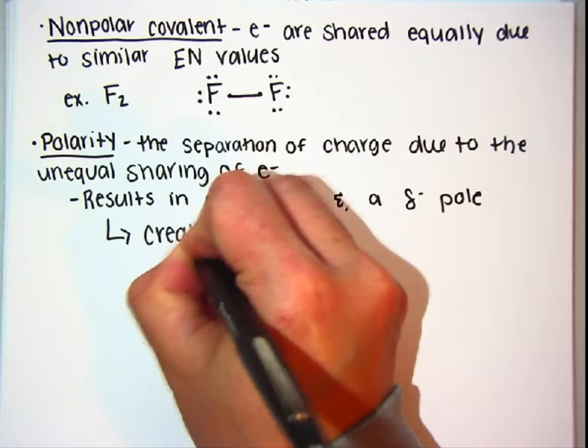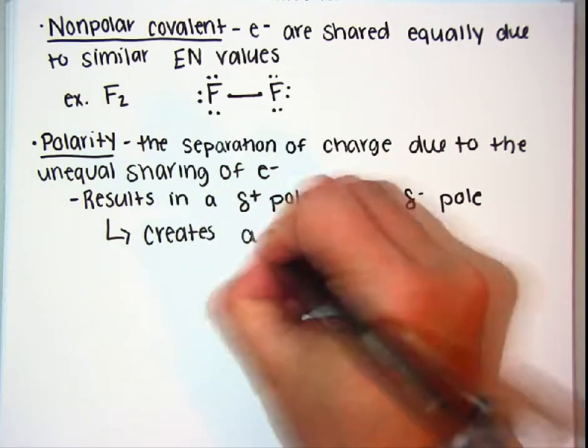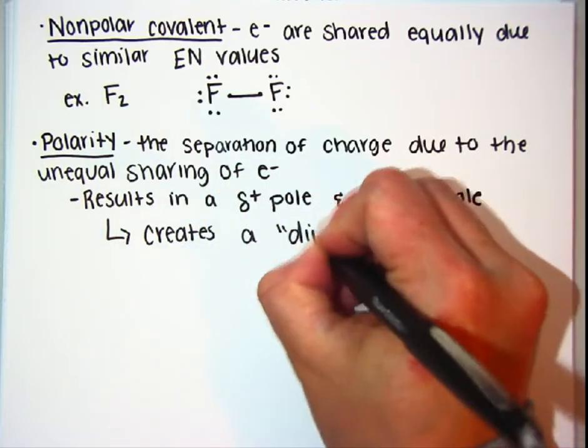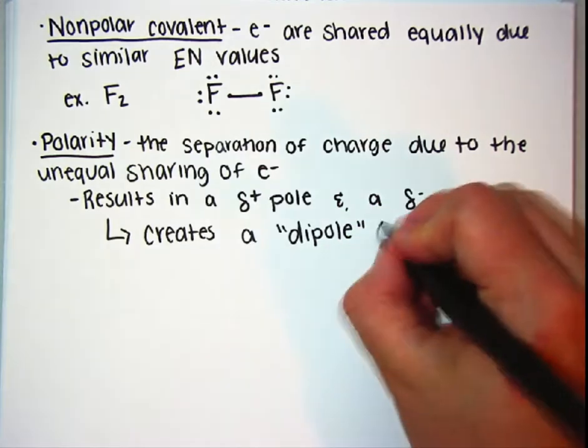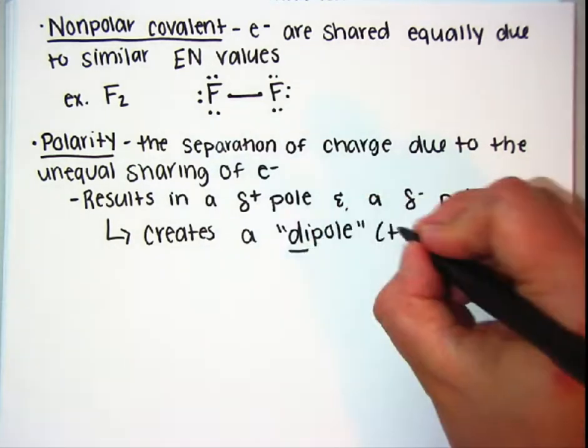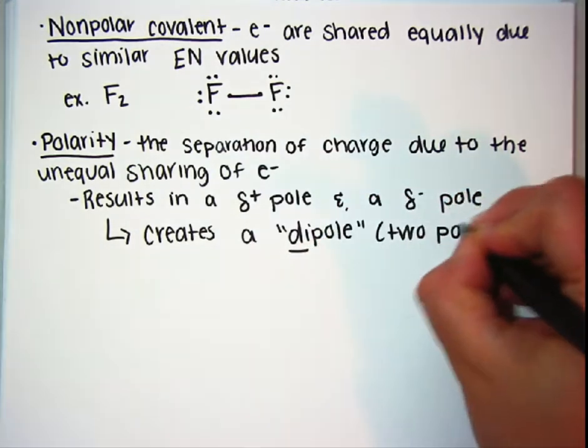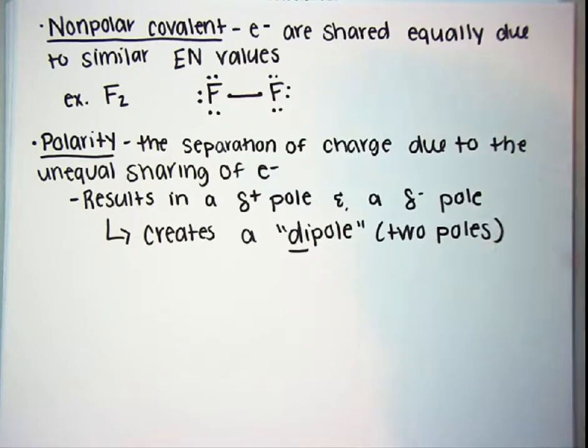This creates a dipole. Prefix di meaning two. So we form a dipole when we have two different poles.